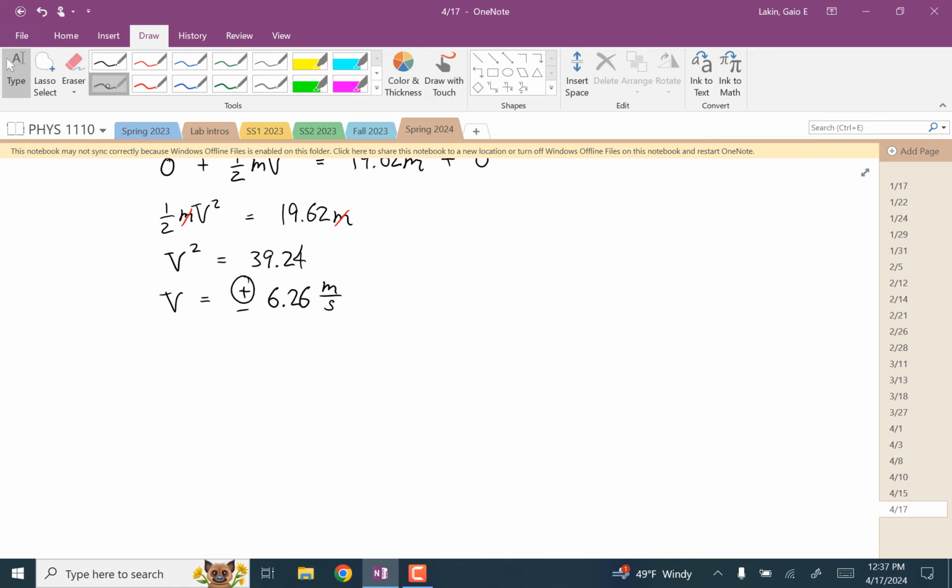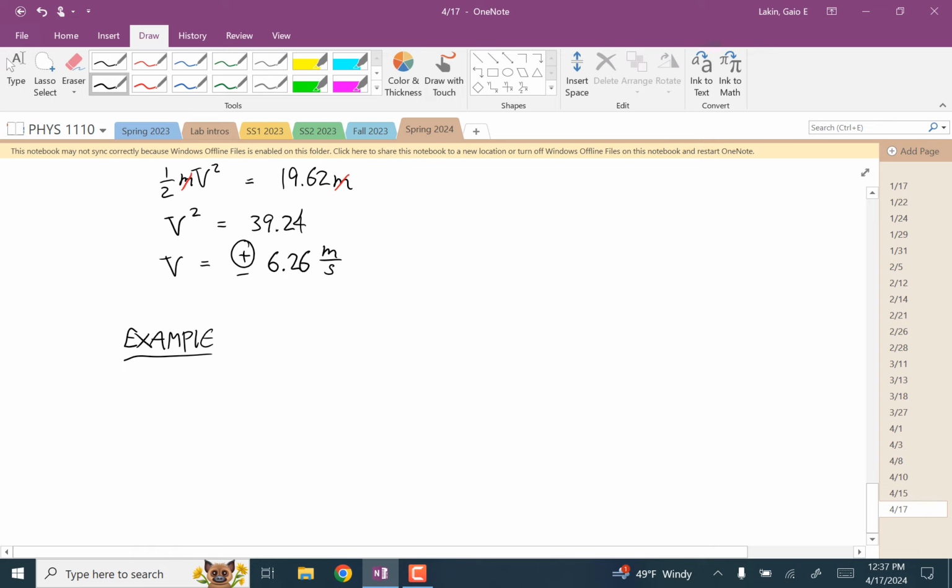Okay, let's do one with a spring. So let's say you have this cart that's attached to a spring. The cart has a mass of 2 kilograms.